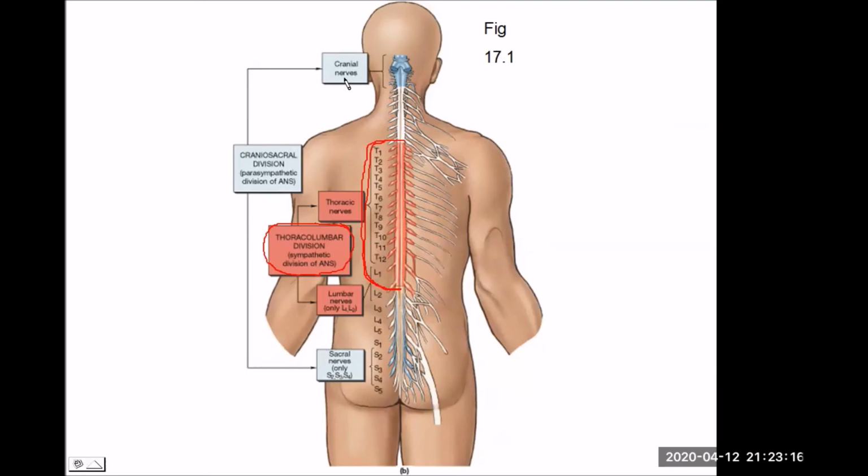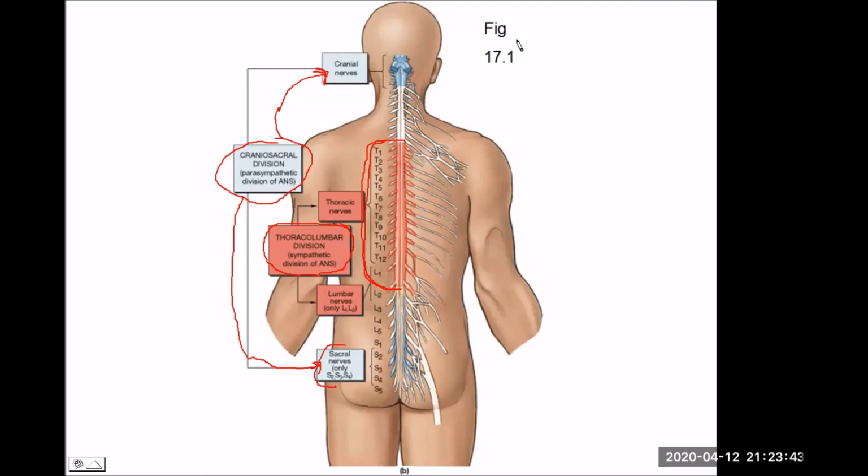Whereas the craniosacral division, parasympathetic, as we already pointed out, there's a few cranial nerves, 4 cranial nerves that carry this parasympathetic visceral motor signal, as well as there's 3 pairs of sacral nerves that also carry that parasympathetic visceral motor division. And you notice again, there's a very different location in terms of their anatomy.